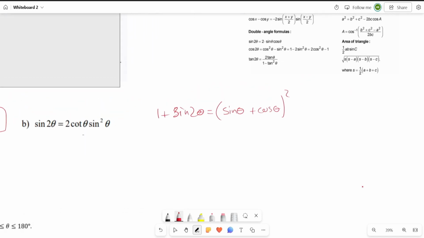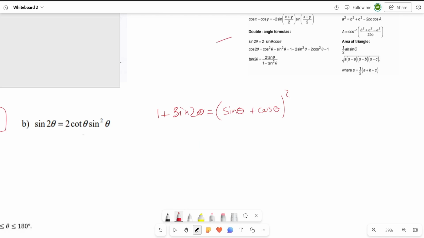Okay, so looking at this sine 2 theta, I know that my angles are not the same. So sine theta cannot be equal to sine 2 theta. So on my left side, I have a double angle 2 theta, and on my right side I have only theta, so this is a different angle. So I need to work on something that will reduce this double angle to things in terms of only theta as the angle.